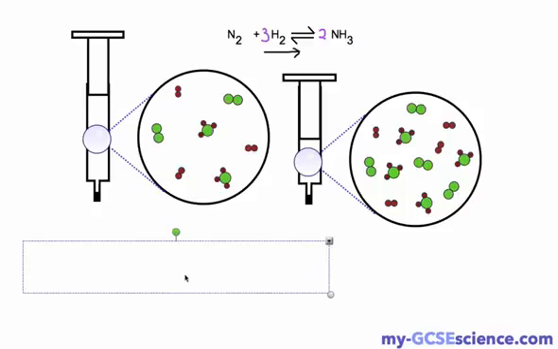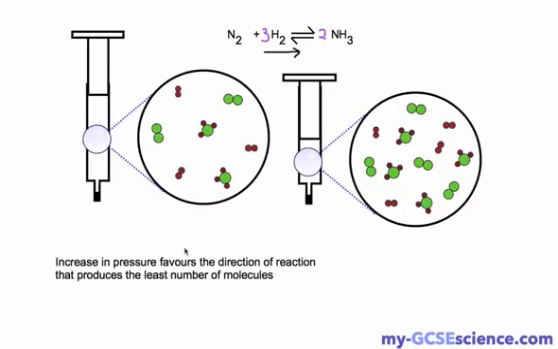Well, that is because that increase in pressure favors the direction of the reaction that produces the least number of molecules. Okay, so if we look at this equation here, we can see that we've got 1 molecule of nitrogen gas reacting with 3 molecules of hydrogen. So we have on this side 4 molecules reacting to produce, over here, ammonia, but we've got 2 molecules of ammonia, so we've got 4 molecules reacting to produce 2 molecules.